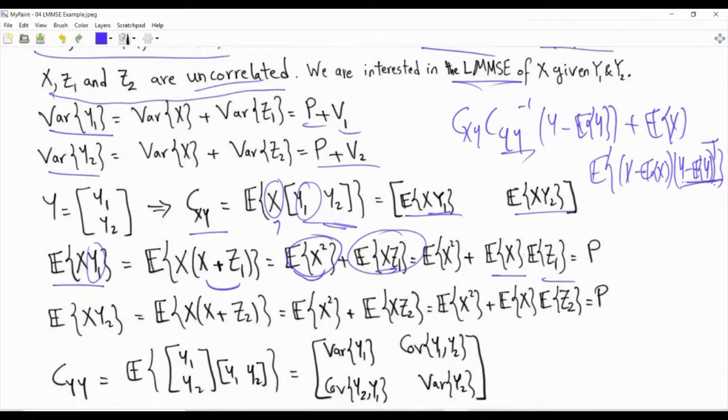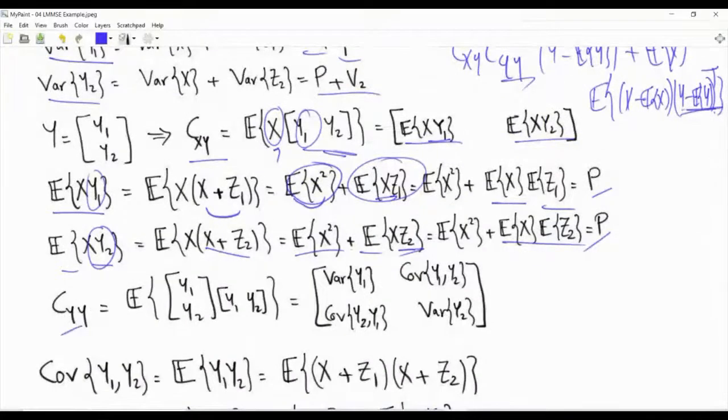Each one of those is 0, and so it's p plus 0. Same story if you want the expectation of x y2. Put y2 as x plus z2, then we have the expectation of x squared, the variance of x, which is p, because x is zero mean. The expectation of the product x and z2: they are uncorrelated, so it is the product of expectations, each one is 0, so this term is 0, and we are left with p.